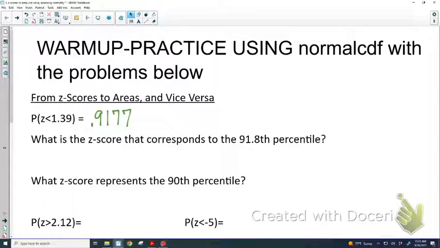This word question here is very backwards. And I used to teach this a completely different way. I used to make the students use table A, so that's why it's at this point in the lesson. And it's just backwards thinking. It's because they're asking what Z value represents an answer.